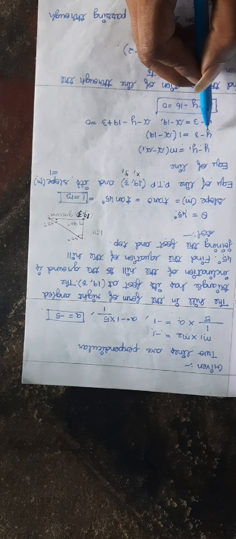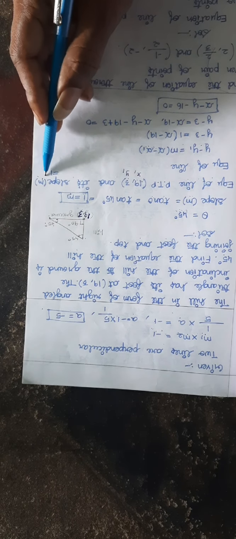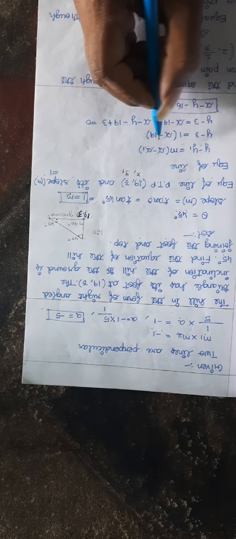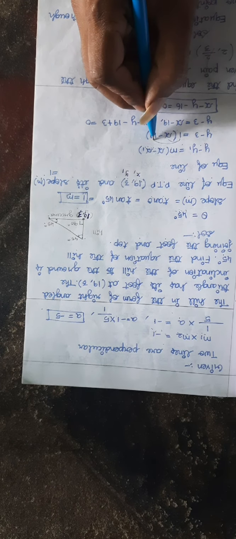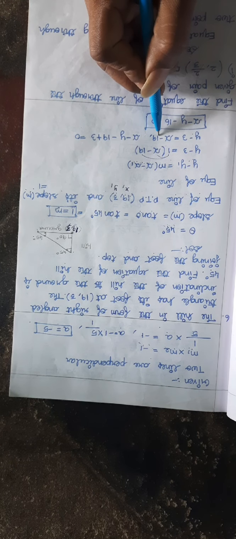Substitute: y minus y1, where y1 is 3 and m is equal to 1, so x minus 19. Take 1 and multiply inside. So we get y minus 3 is equal to x minus 19.